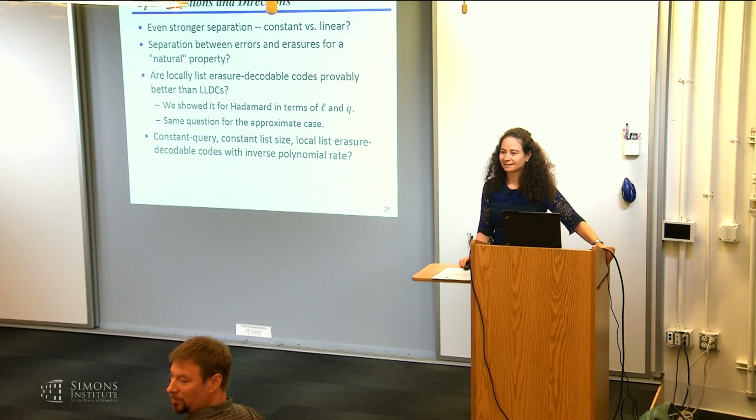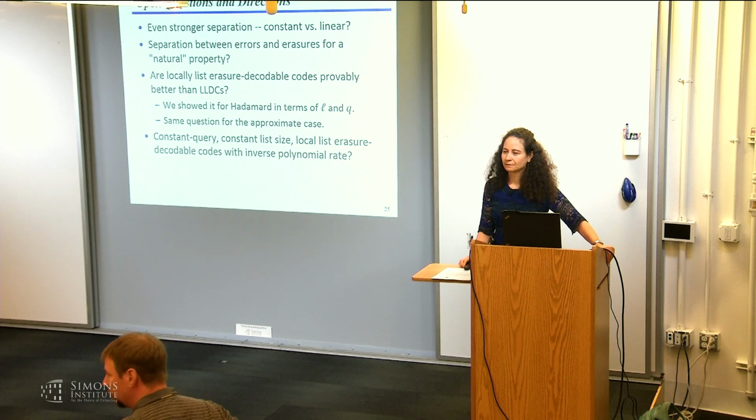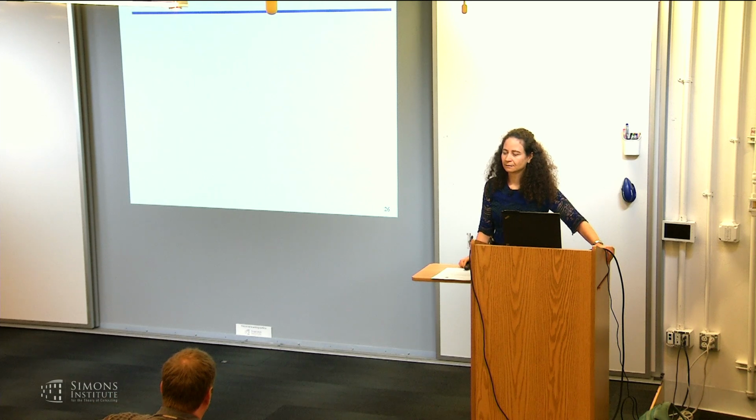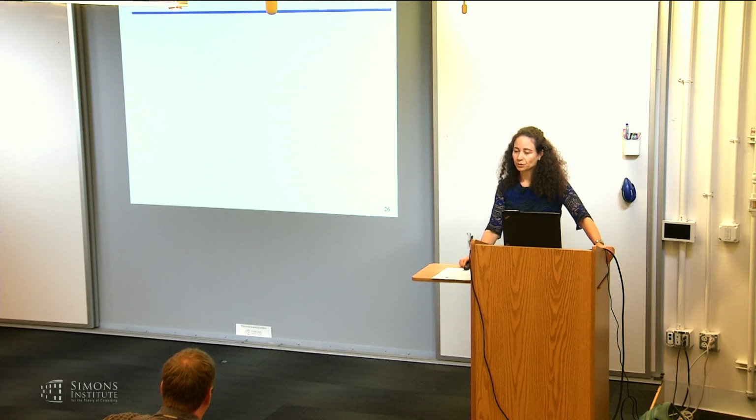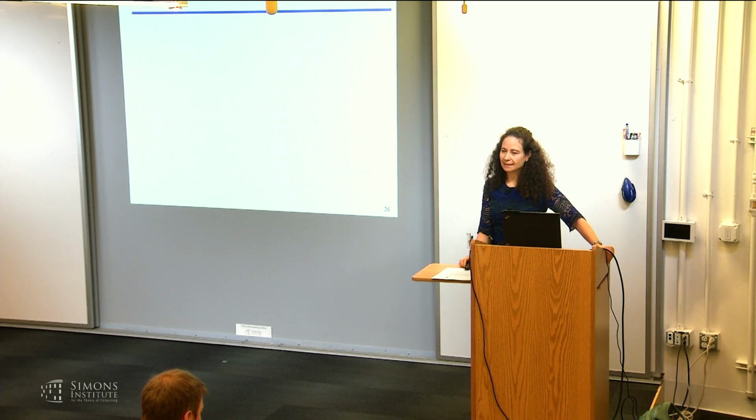I'm not quite sure the question makes sense, but have you studied the kind of model where you don't look at arbitrary testers, but testers that only get samples, or that kind of weaker model? Is sample-based testing easier to separate from regular? So the question is, can you do it for sample-based testing? Can you separate?